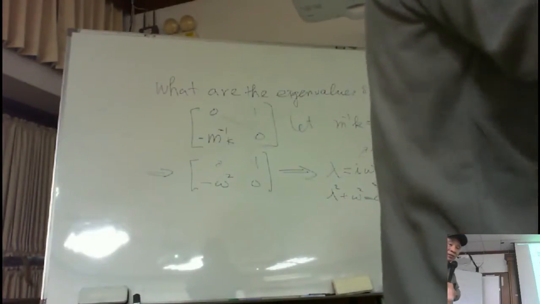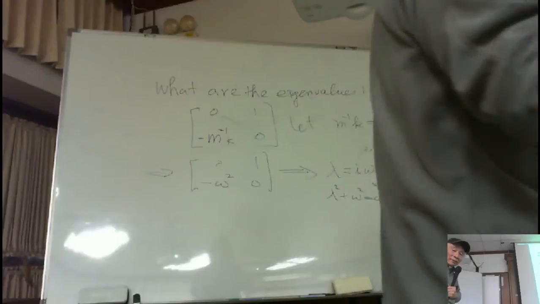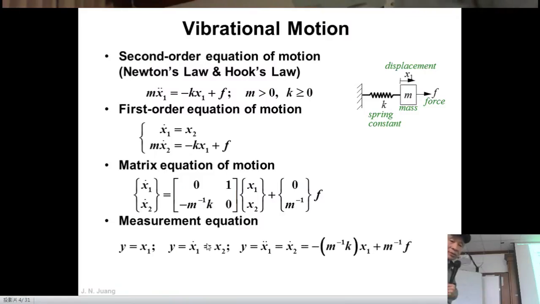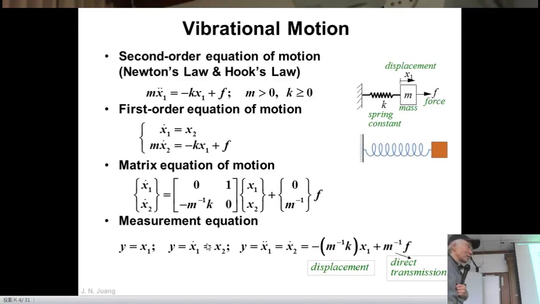All right, I'll show you some of the motion here. The same thing, the measurement equation: y equals x1. If you have a displacement, then y is x1. If we have velocities, then y is x2. Look at the spring here.